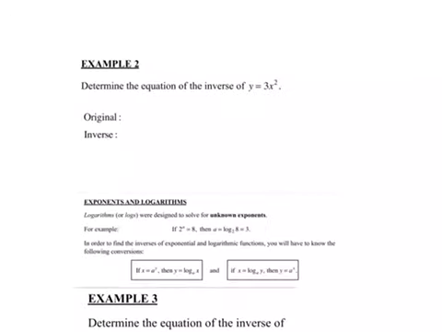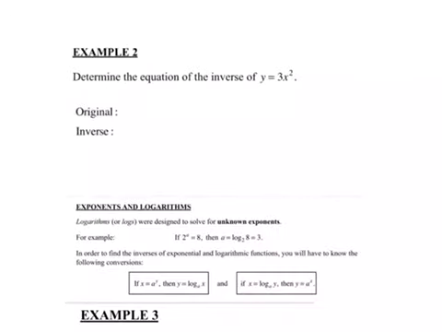So if we were to work with this example here, we've got the original y equals 3x squared. So the first step is to replace x and y. Right. Then the next step is to algebraically rearrange to get y by itself. So at the moment it's x equals 3y squared. I need to move the 3 across first, and then I can square root both sides.